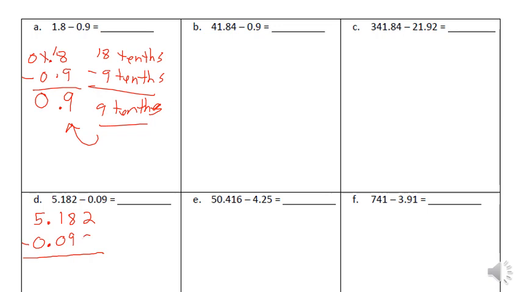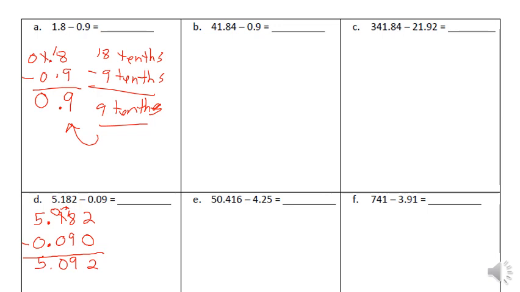So I'm going to put a 0 in here for a placeholder. Now it's easier so I don't make a mistake. So 2 minus 0 gives us 2. 8 minus 9, I cannot take 9 from 8, so I have to regroup. Brings the 1 over. Now I have 18 minus 9 gives me 9. 0 minus 0 gives me 0.